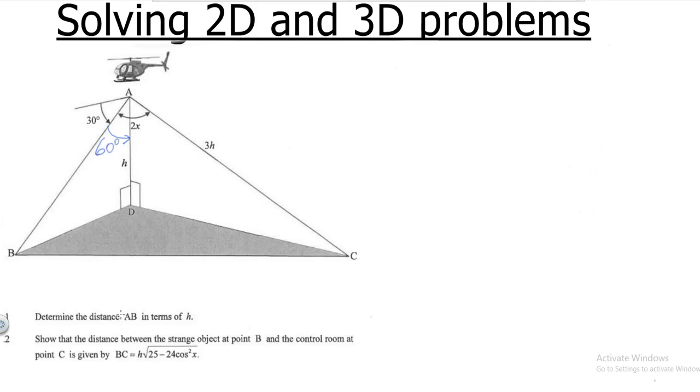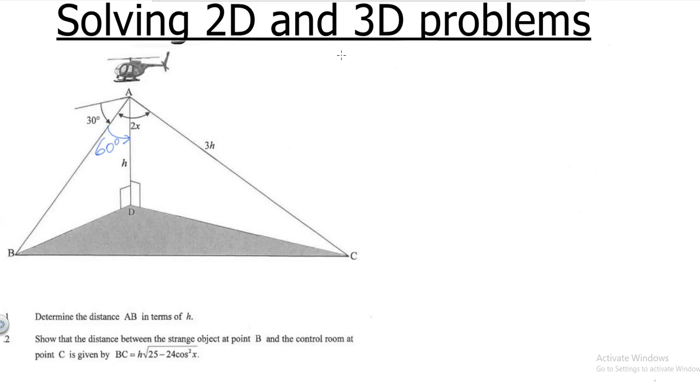So now the question says, what is the distance AB from the point B to the helicopter, but the distance must be in terms of h. H is the distance AD. So when you look at AD, with this angle, AD is adjacent to the angle, with the hypotenuse which is AB.